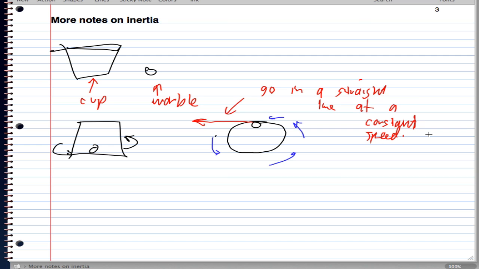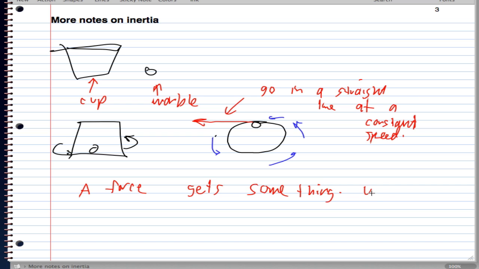So here's the point of the lab that I really didn't get to make today that I want to start saying. A force gets something moving. In this case, it was the force of the cup on the marble, and we got it moving that way.